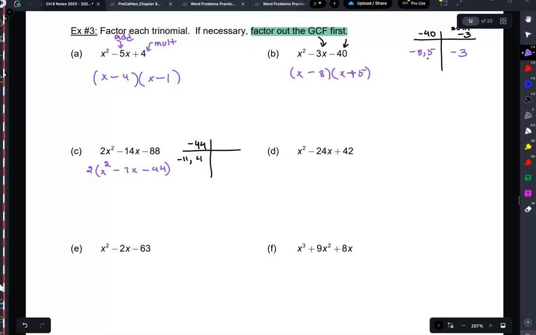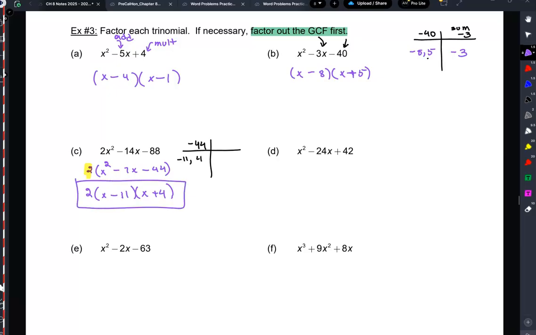So now look, remember this 2? Don't get rid of that 2. Bring it along. 2(x - 11)(x + 4). If you remove that 2, it's wrong. No, don't distribute, because then you get back to where we were.